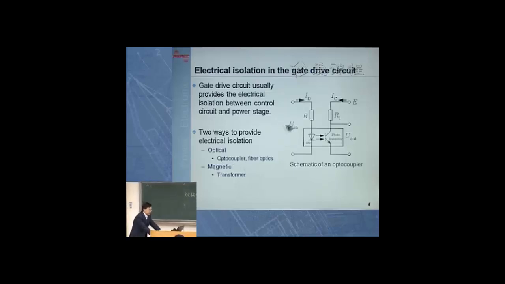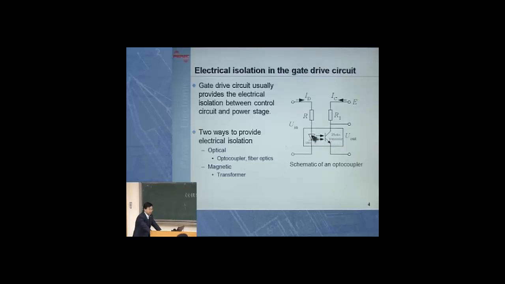For example, the left-hand side is the control circuit. The right-hand side is the drive circuit you want to connect to the power stage, to the power semiconductor device. And this is the optocoupler.